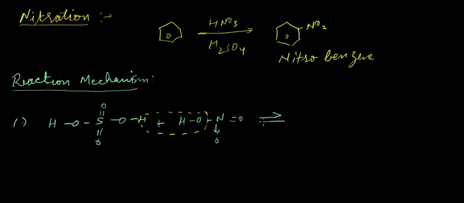We'll understand what equilibrium is in our physical chemistry lectures, but for now you can safely assume that this is the sign with which we show the equilibrium. This is H2O plus NO2 plus. OH is removed from HNO3 as OH minus ion, making NO2 with a positive charge on the nitrogen atom. Similarly, HSO4 minus will be formed. Okay.